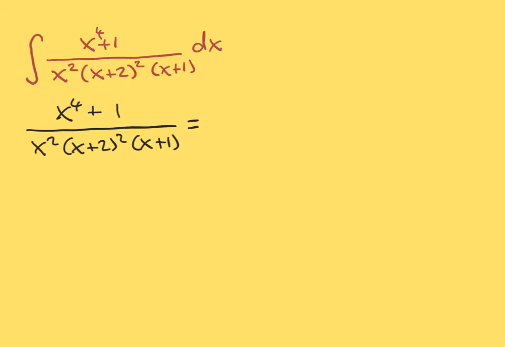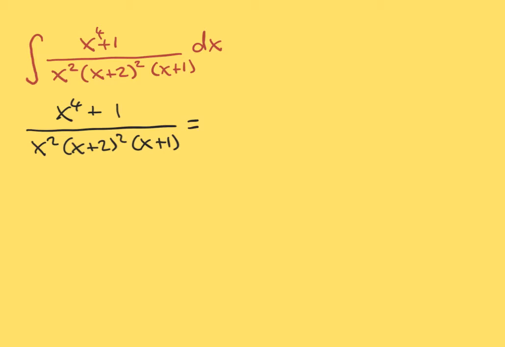So in this example, we have got a proper rational function. The highest power of x here is x to the 4th. If we multiply this out, we have 2, 3, 4, because this is squared, 5 powers of x. So it's x to the 4th over x to the 5th. This is a proper rational function.